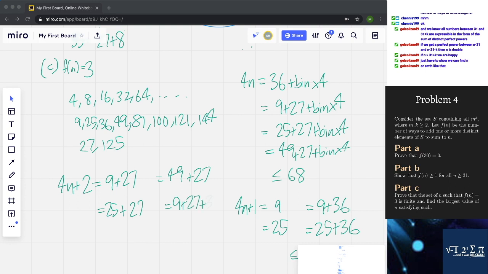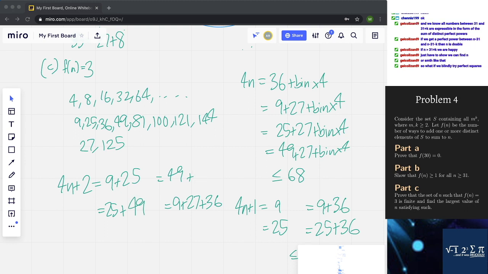Wait, no, I did this horribly wrong. 9 plus 25, 25 plus 49, 9 plus 49, and 9 plus 25 plus 36. So the largest one is going to be 70.